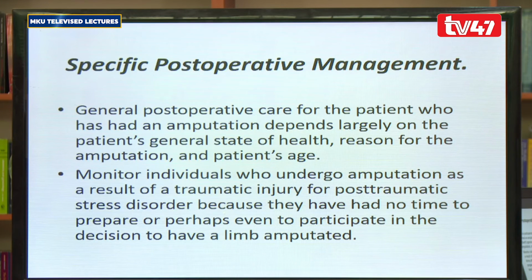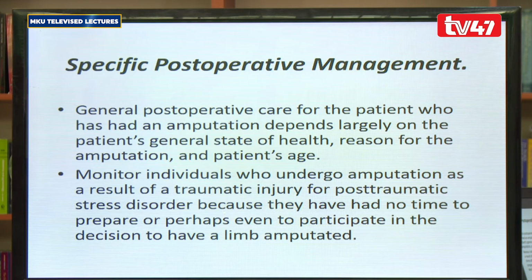Let us talk about the specific postoperative management. The patient has gone to theater. The patient has undergone surgery. As a nurse, you have picked the patient from theater or the operating room and brought them back to the ward. There is the general management of the patient postoperatively, for instance, observation of vital signs. It is important to observe the vital signs.